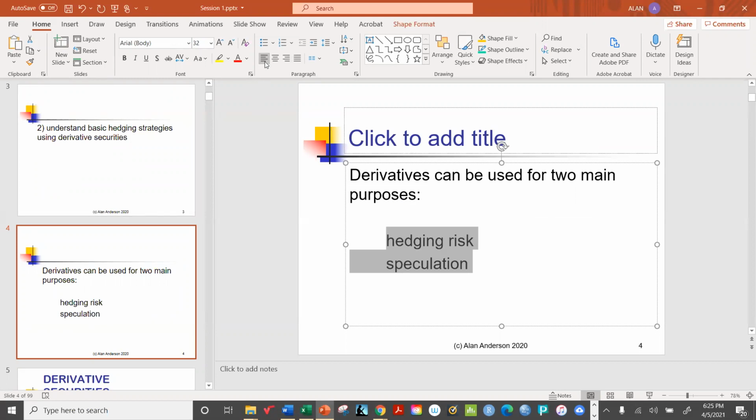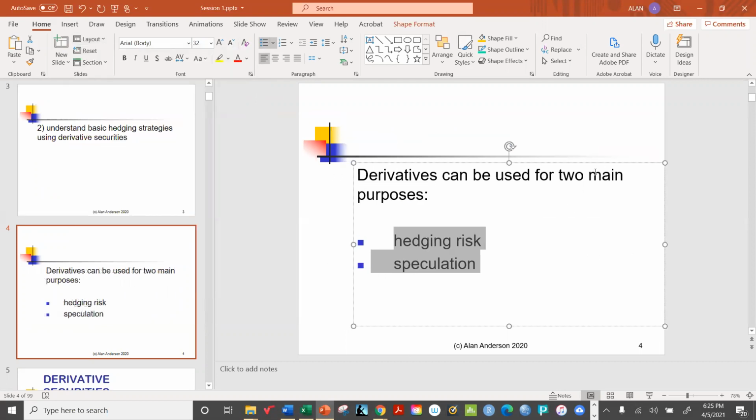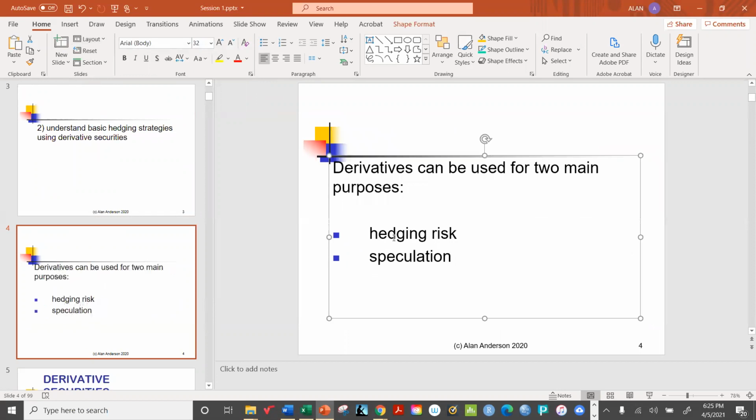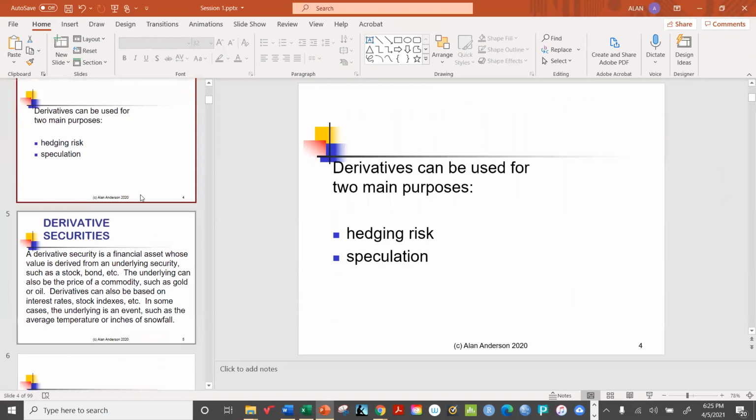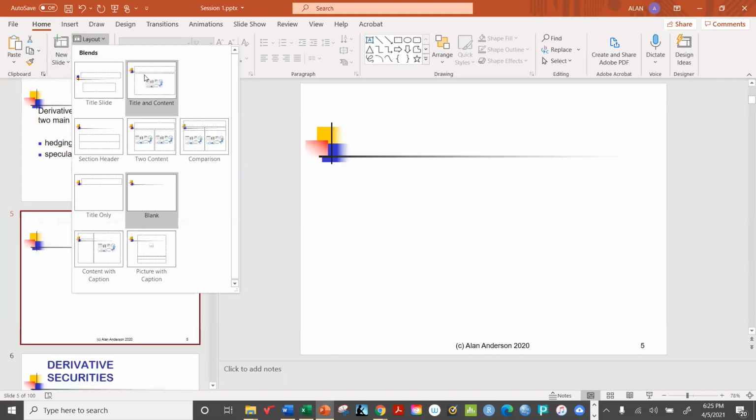That's one of the annoying things about this thing. It's very hard. It's always getting in the way. All right, here we go. So what exactly do we mean? Well, just in the briefest possible terms, hedging risk means that we are attempting to reduce or eliminate our risk. And we'll see a lot of this throughout the course.